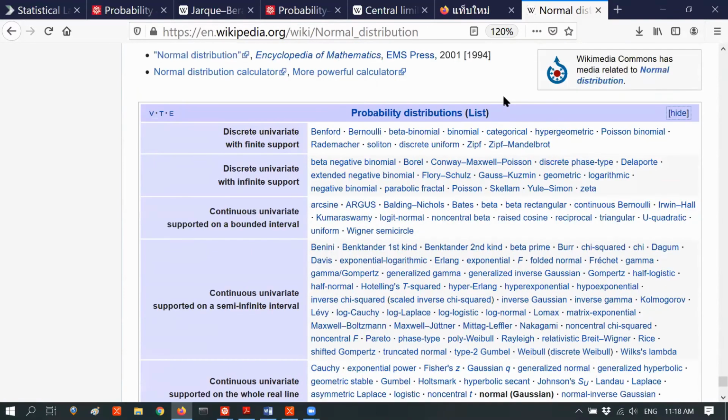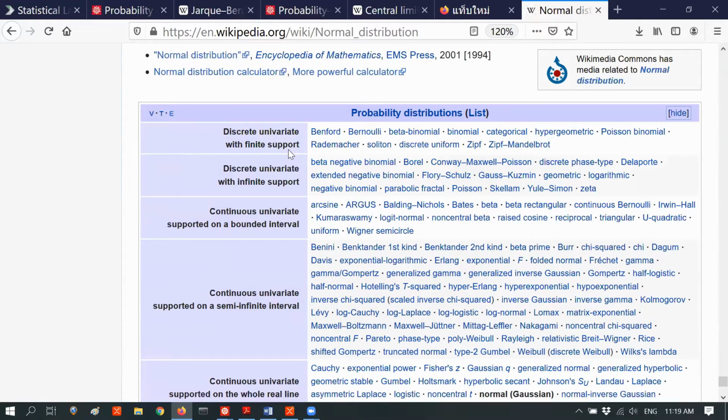You notice it's a probability distribution list. Left hand side, discrete with finite support. Finite support is a mathematician's way of saying the set of values that can happen is finite.